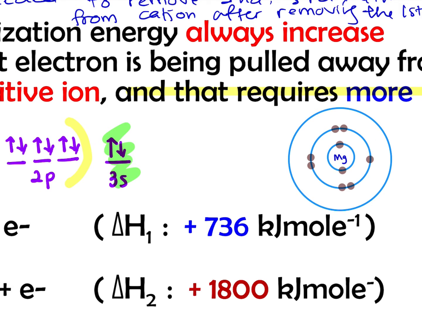So now kamu akan hasilkan Mg3 plus ion. Okay, right, so begitulah seterusnya. You remove another electron, remove lagi the 5th electron, the 6th electron, 7, 8, 9 and so on lah, mengikut turutan, secara berturut-turut.